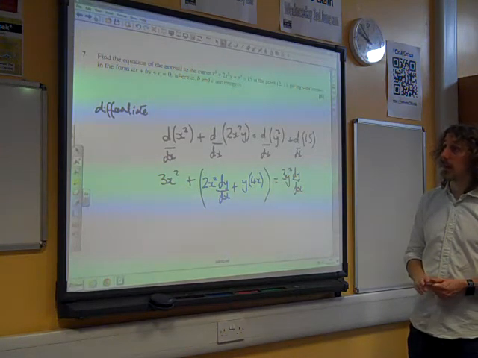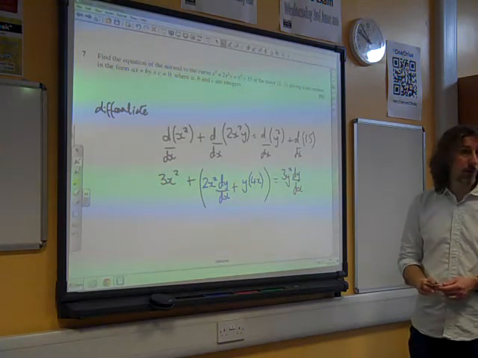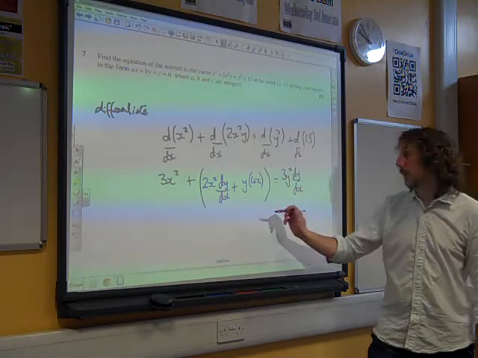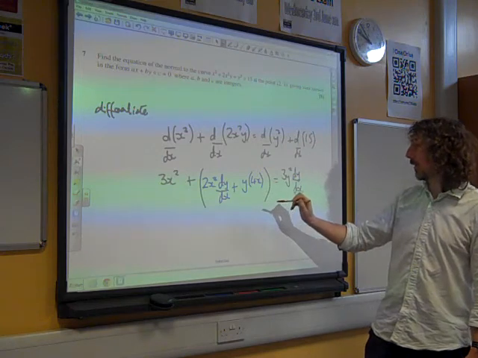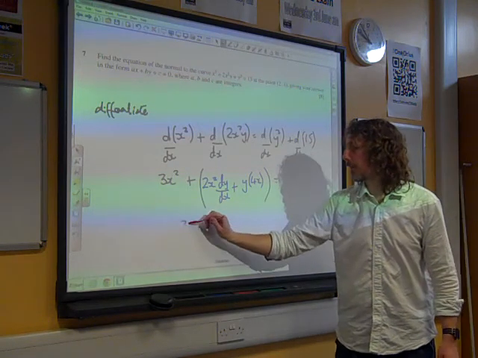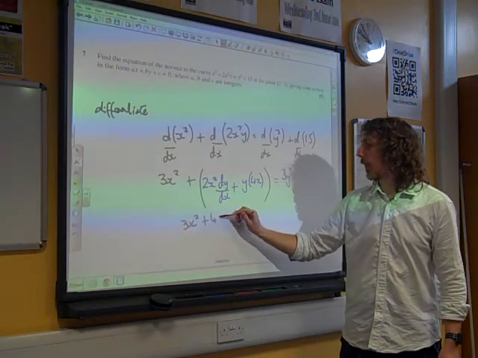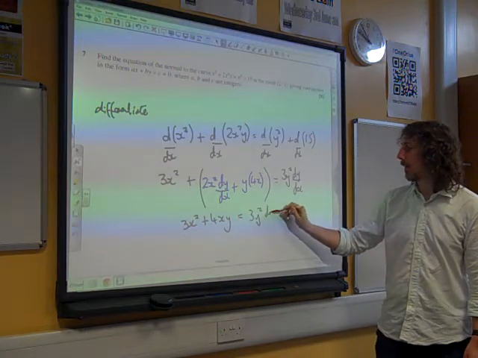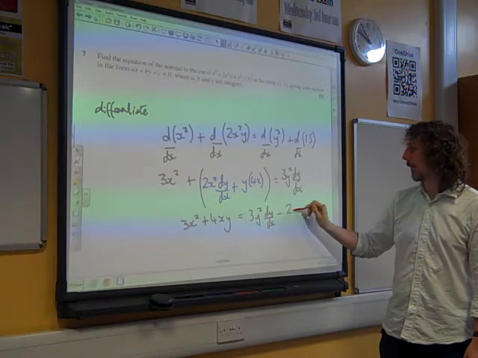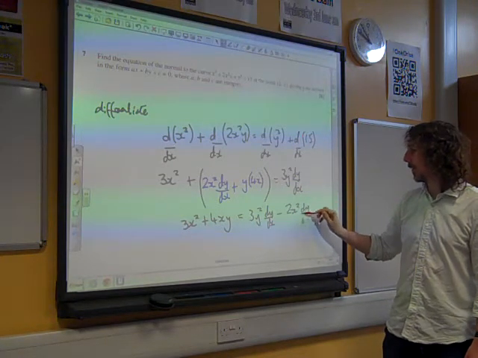We need to know the gradient at the point 2, 1, so that's what we're going to work through now. We need to get dy by dx on its own. Let's throw a few things over to the other side. We've got 3x squared plus 4xy equals 3y squared dy by dx minus 2x squared dy by dx.